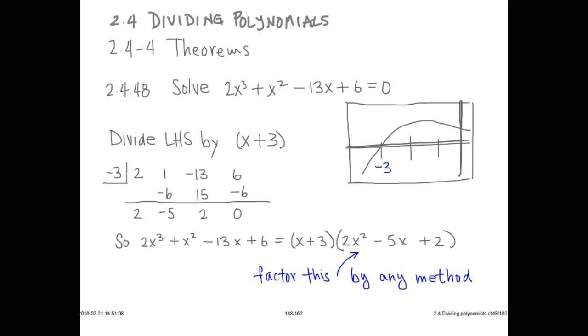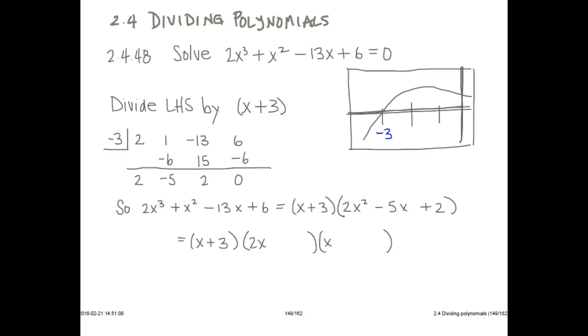Eyeball, quadratic formula, complete the square. I chose, in this case, to try to factor it without doing any of those other methods, and I was successful in finding such a factorization. Notice this 2 here. Well, if I factor that out, then I get the scale.